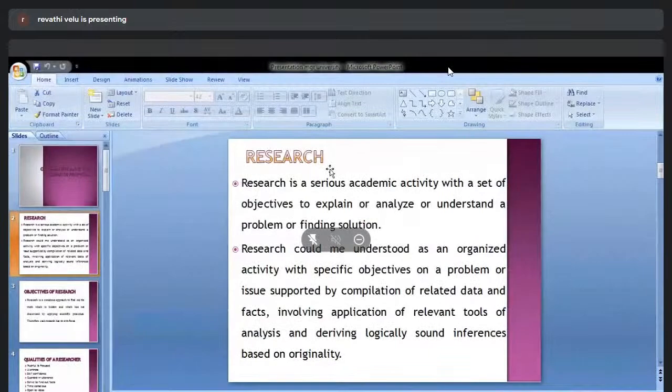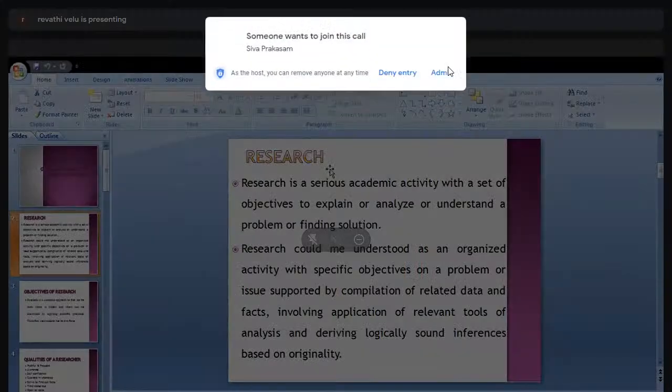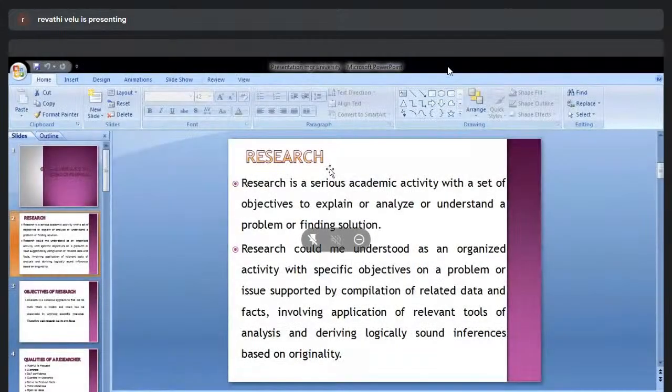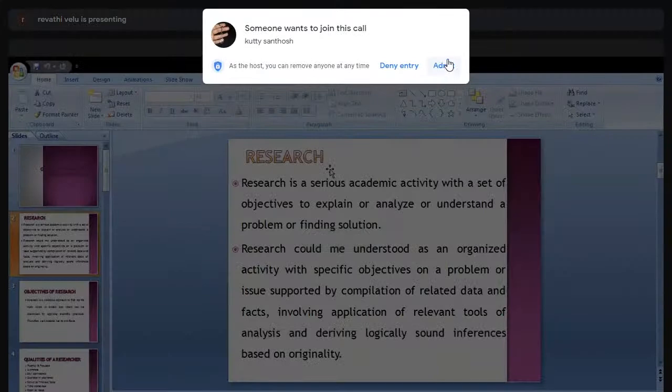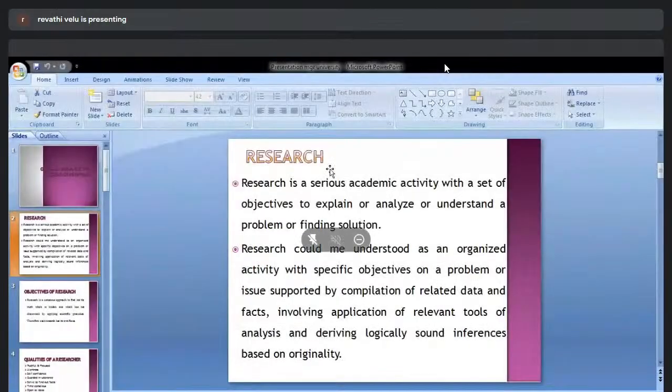For example, if you're going to market any product, what will be the first step you will do? You're a manufacturer, and you're going to market a product.